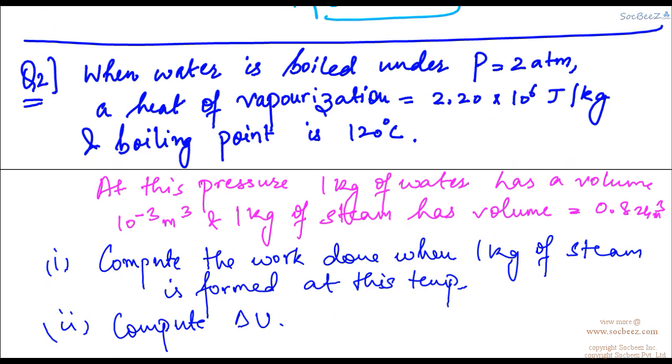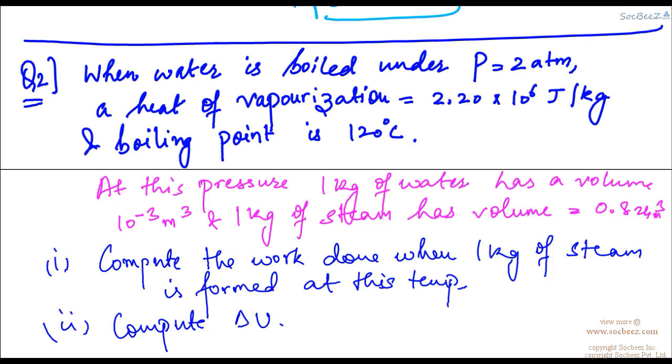That is the specific heat for vaporizing the water, and the boiling temperature is given as 120°C. So basically it is the process of conversion of water into vapors. At this pressure, 1 kg of water has this volume, and 1 kg of steam has this volume.